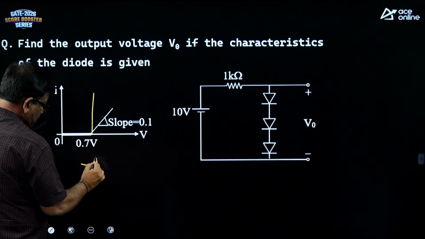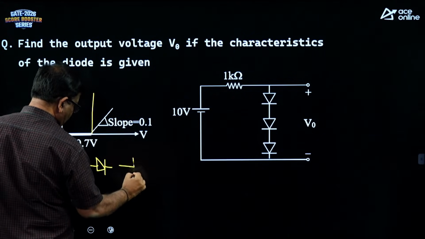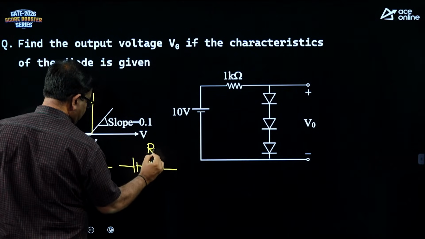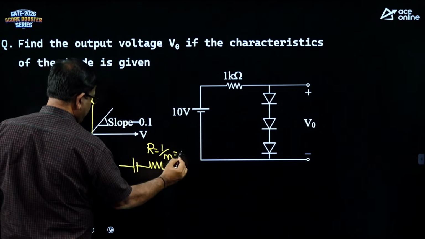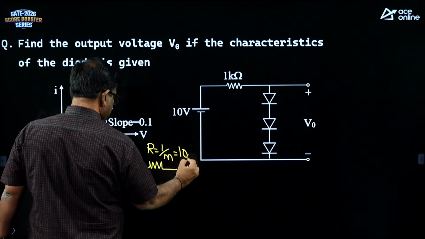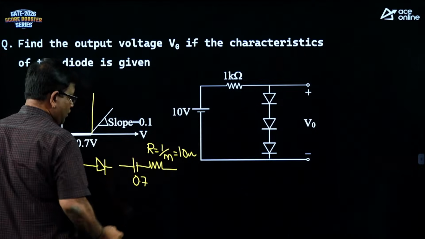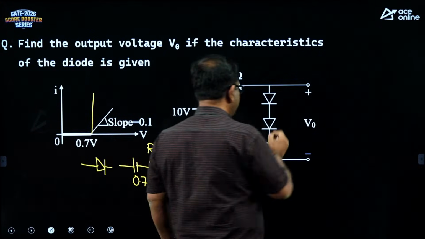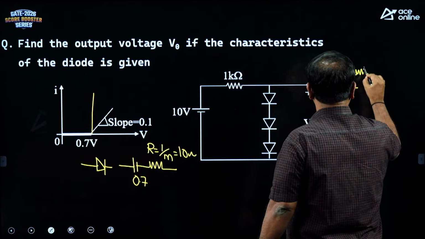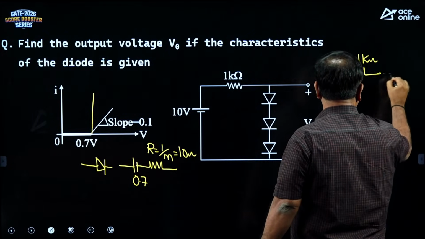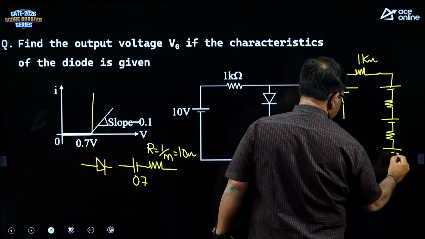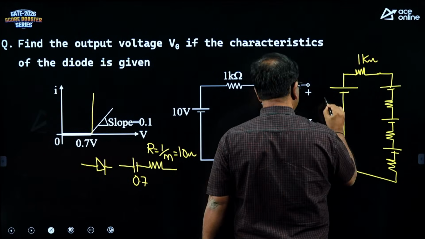So, the diode is replaced with 0.7 volts in series with some resistance R, which is 1 by slope. The slope is 0.1, so 1 by slope is 10 ohms. So, please replace each diode with 0.7 in series with 10 ohms.